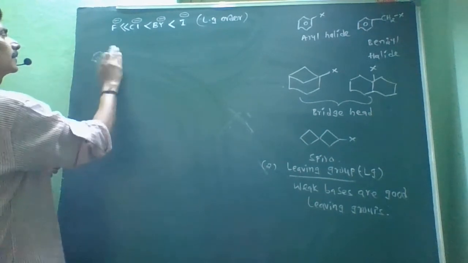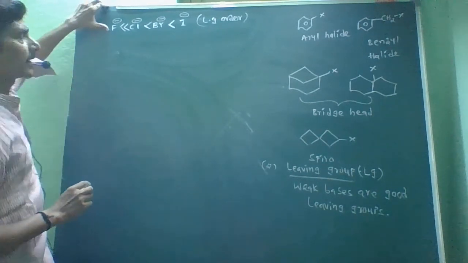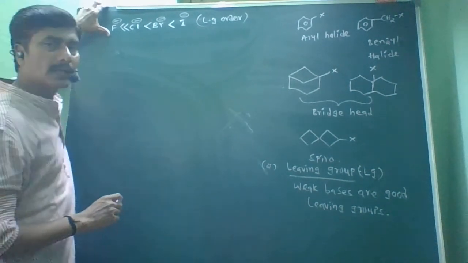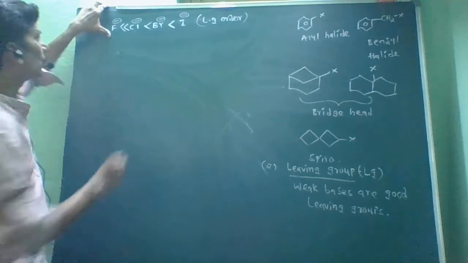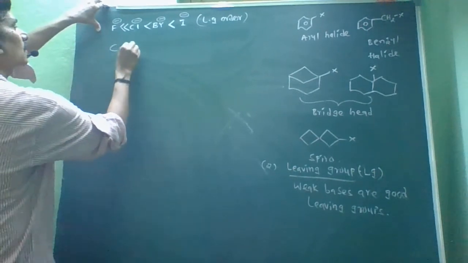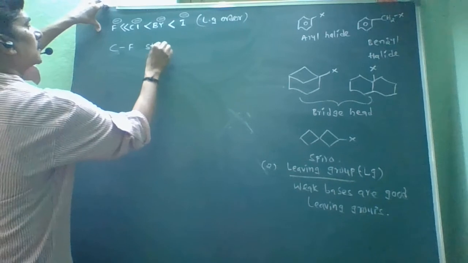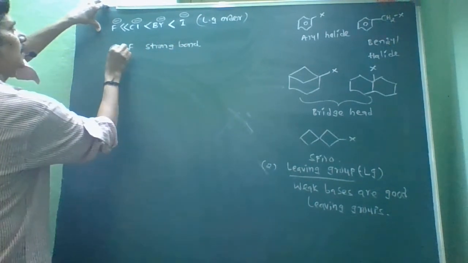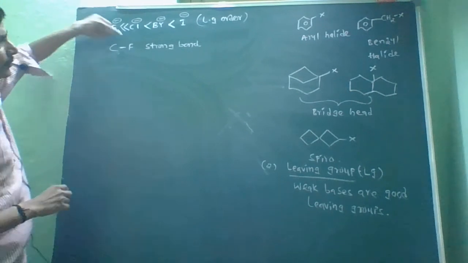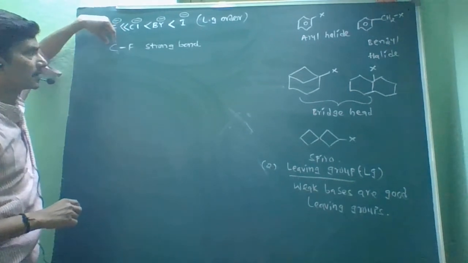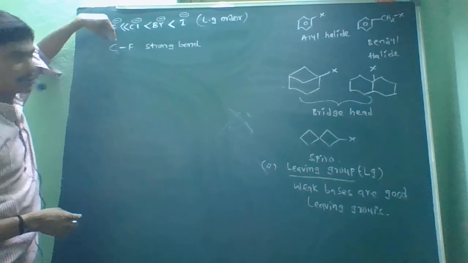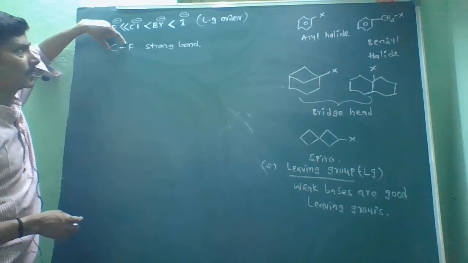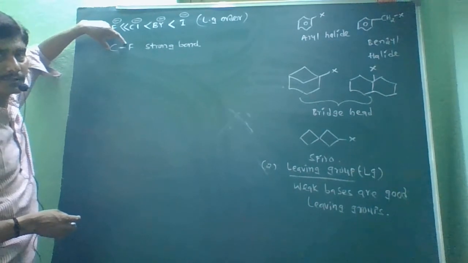So fluorine is not a good leaving group. So it cannot show nucleophilic substitution reactions due to the strong bond between the carbon and the fluorine atom. Fluorine is more electronegative and carbon is less electronegative. So due to this strong bond, it never shows nucleophilic substitution reactions.